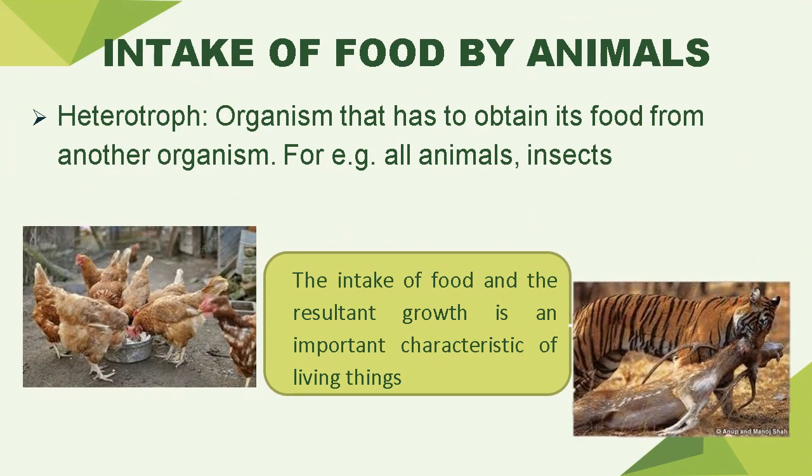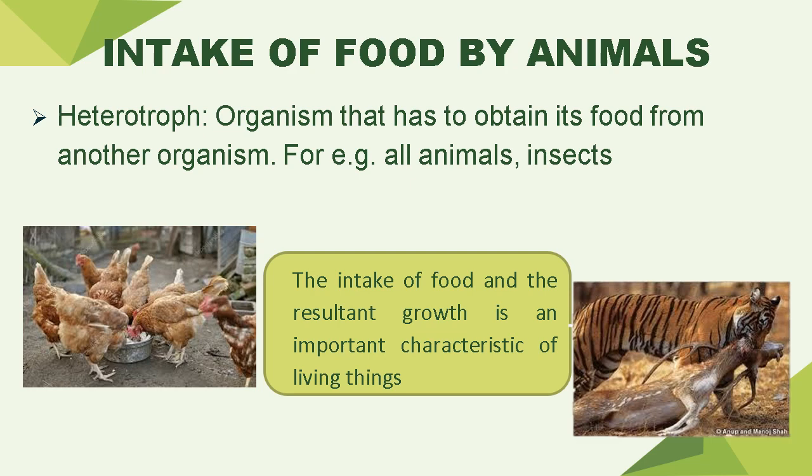Intake of food by animals. Organisms that have to obtain their food from another organism are called heterotrophs. For example, all animals, insects. Animals, however, do not have chlorophyll. They do not produce their own food. They search for food.